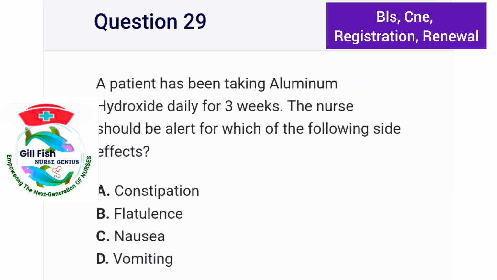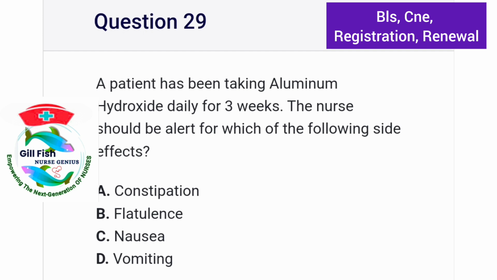Next question. A patient has been taking aluminum hydroxide daily for 3 weeks. The nurse should be alert for which of the following side effects? Option A, constipation. Option B, flatulence. Option C, nausea. Option D, vomiting. Actually, what is the purpose of taking aluminum hydroxide?